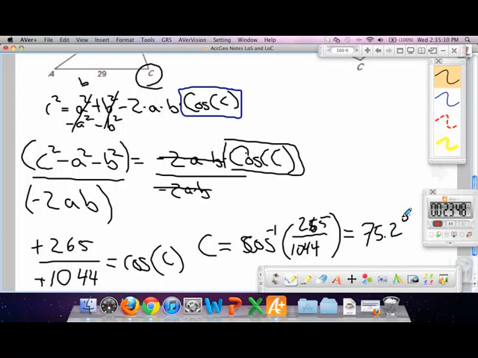Now that you know this is 75.2, it might be easier to use the law of sines from here on out.